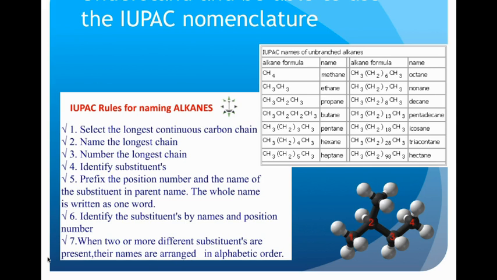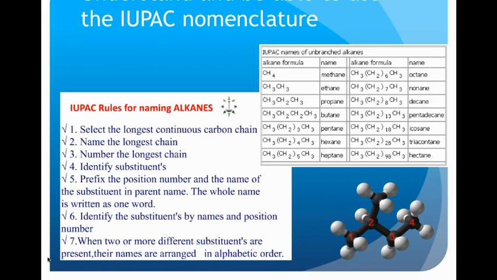Are there any substituents other than hydrogen on that carbon chain? At number 2, there's a carbon with 3 hydrogens. If it were 4 hydrogens, it would be called methane.